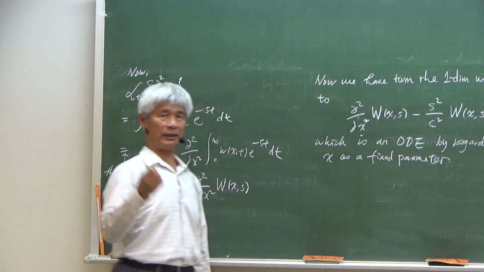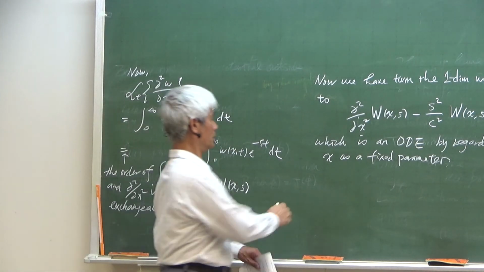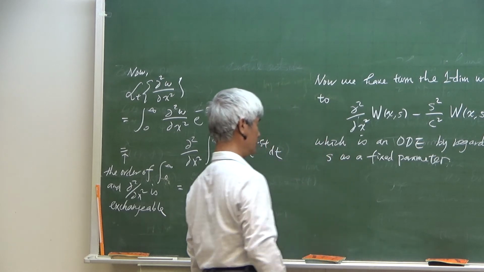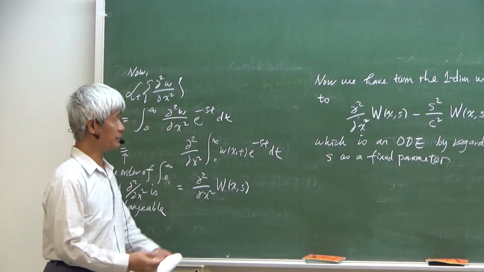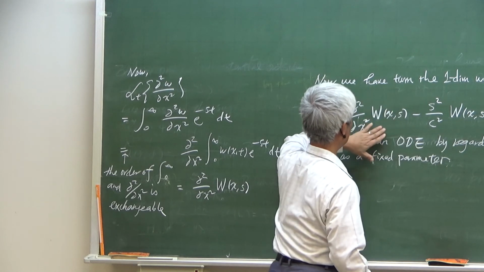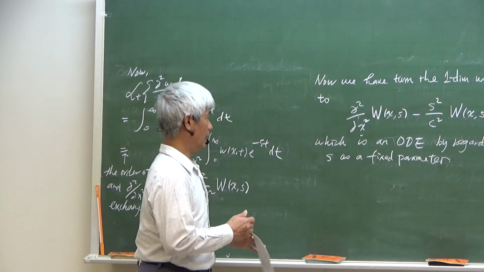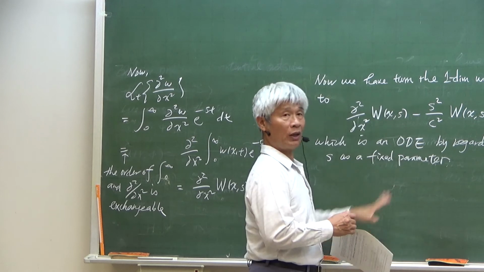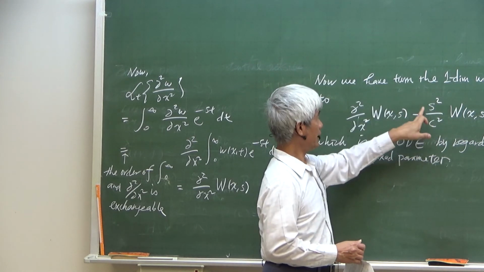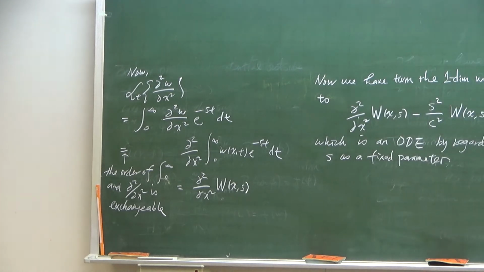So it's a second-order ODE, and we know how to solve it because s is positive, since here we assume s is sufficiently big, bigger than k.